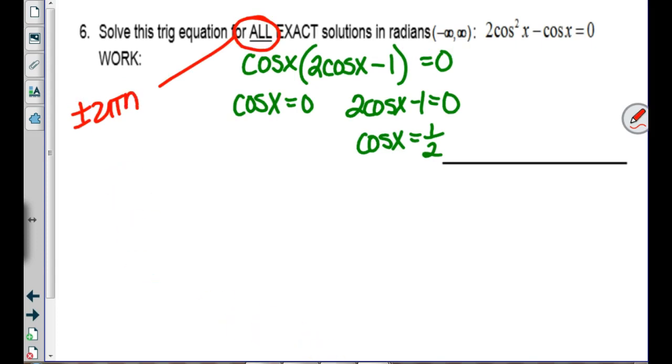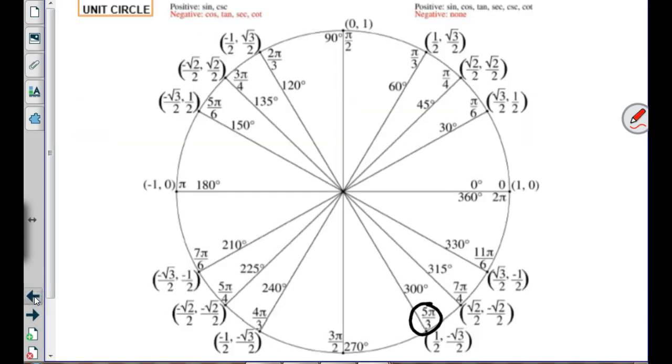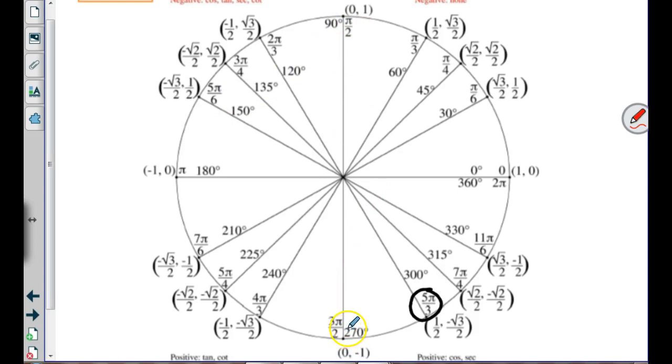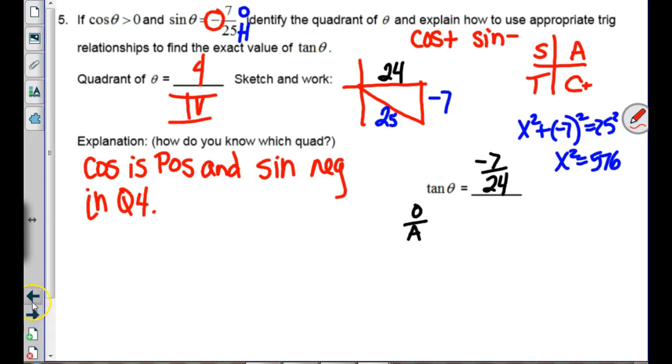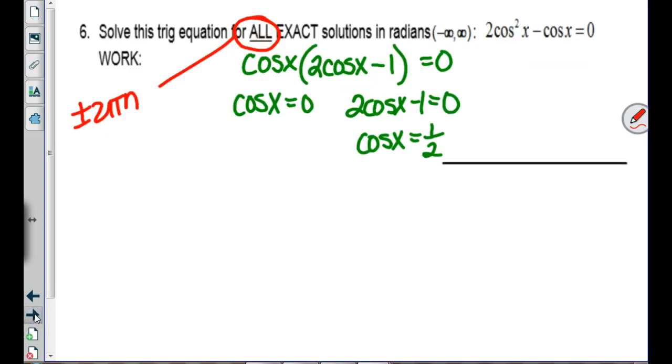All right, so we go to the unit circle. Where is the cosine 0? Be very careful. Pi over 2, and then straight across at 3 pi over 2, which means there's a shorter way to write that, but most of you would probably just write pi over 2 and 3 pi over 2, so I'm okay with that.